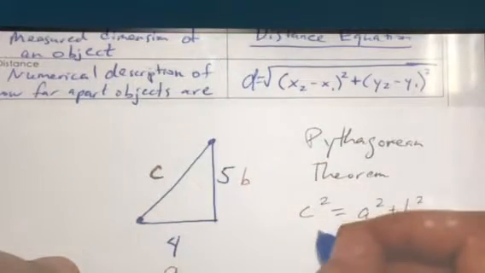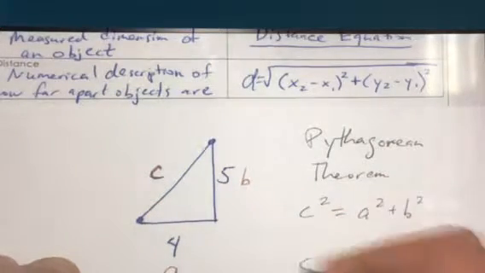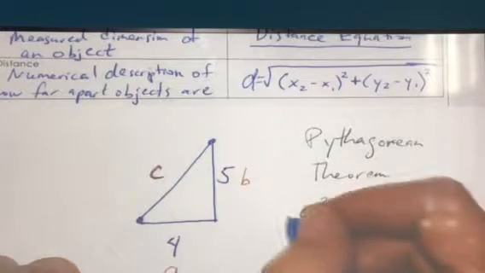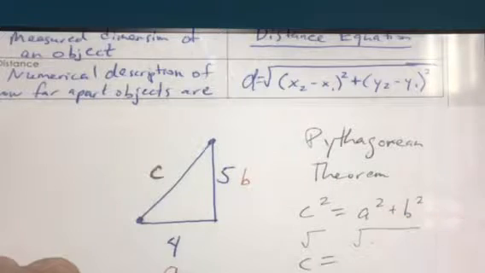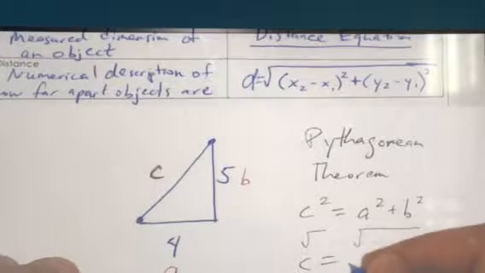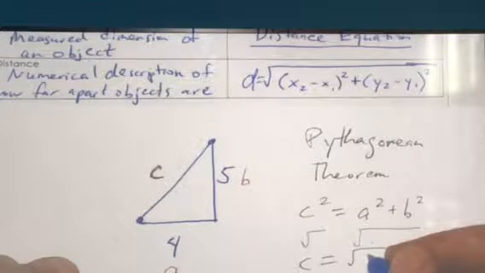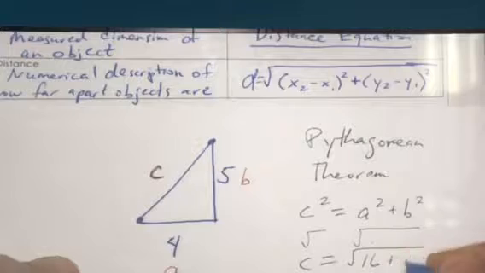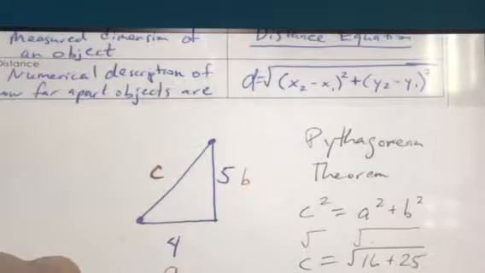So the Pythagorean theorem says that C squared equals A squared plus B squared. This is really the thing that you need to memorize, and then how you can work with it. So in this example, we're trying to find how far it is from here to here. To find that, we need to take the square root of both sides. So we're taking the square root of 4 squared, which is 16, plus 5 squared, which is 25.